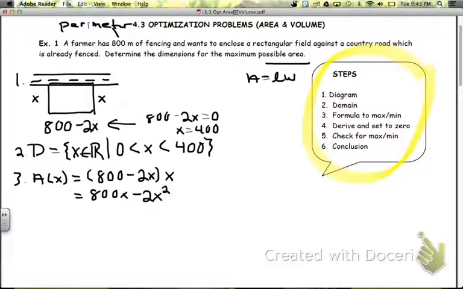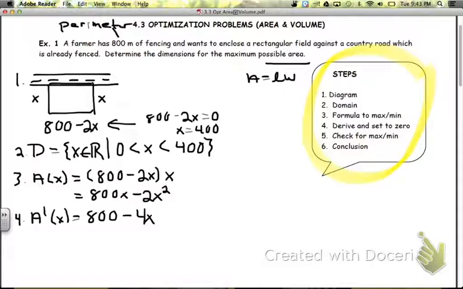Now, our fourth step is that we want to derive and set to 0. So we're going to derive the above area, so A prime of x, which is going to give us 800 minus 4x. Now in this step we also need to set it equal to 0. But why would we set this equal to 0?